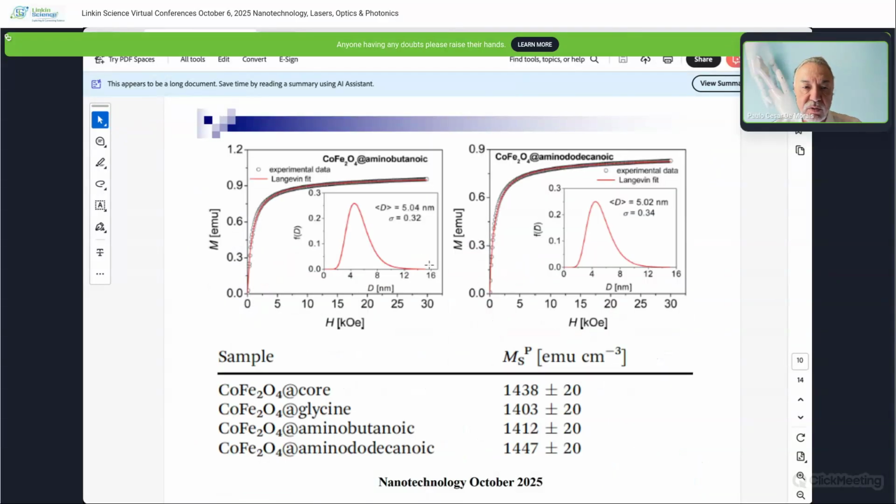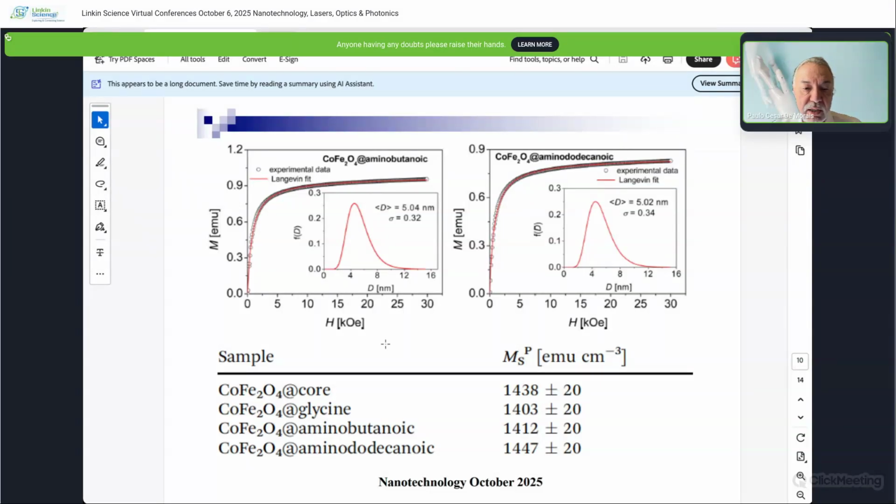We can look at the data also for the aminobutanoic surface coating and also for the aminododecanoic, so 12 carbons in the chain on the right-hand side and the shorter chain on the left-hand side. Again, the solid red line is the best fitting from the data using the superparamagnetic model. And we can extract the particle size distribution and mean size about 5 nanometers, about the same as extracted from the transmission electron microscopy.